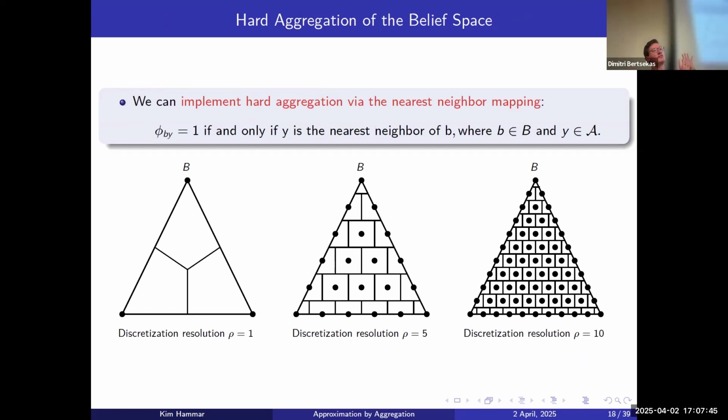This is a particular instantiation of the aggregation probabilities that we discussed earlier, where we partition the belief space into cells, and each cell contains all of the beliefs that aggregate to the same representative belief, simply because they have the same nearest neighbor. Nearest neighbor can be defined in terms of some distance metric, for example the Euclidean metric. So this is just one particular instantiation of the aggregation probabilities. Are there any questions about this?